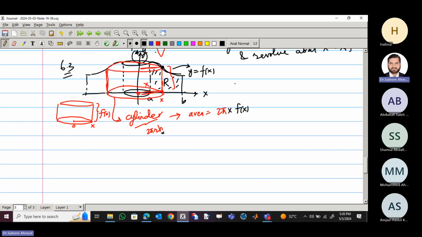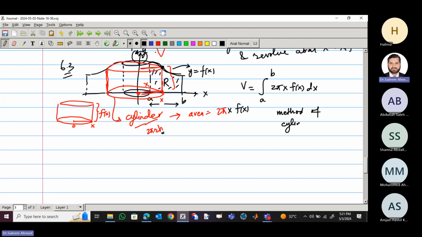So when you have to add all these cylinders, you have to integrate. How many cylinders? Your x starts from A and goes to B. So x goes from A to B, and your area becomes 2 pi x f of x, and you have to integrate this to get the volume. So instead of getting pi x square, you are getting 2 pi x f of x. This is called finding the volume by method of cylindrical shells.